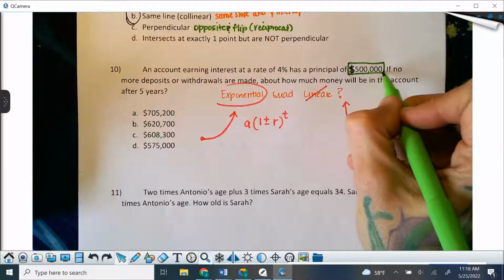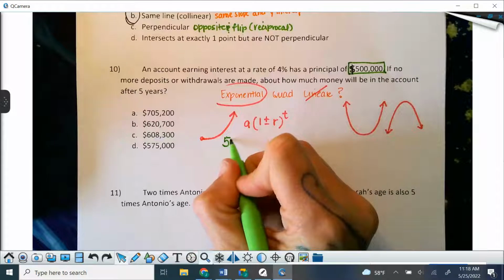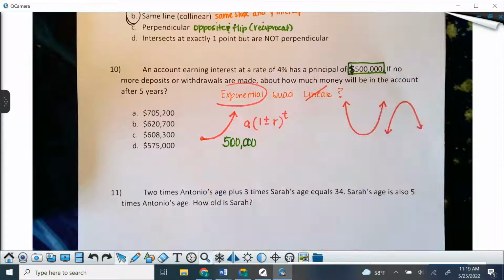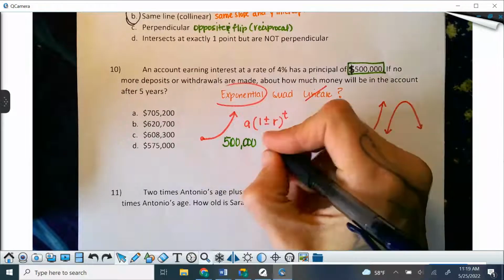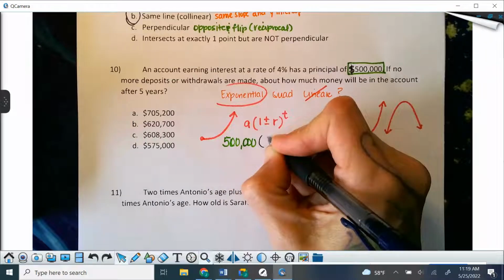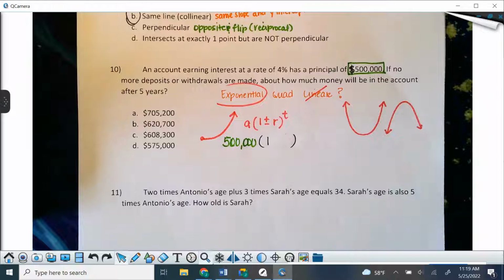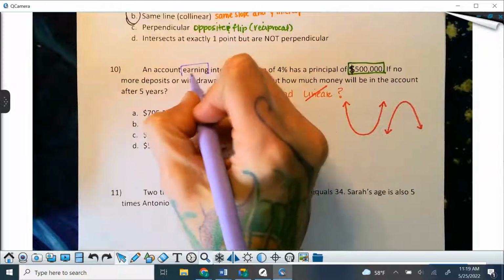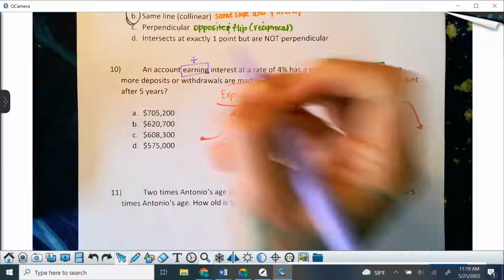So we start and invest $500,000. Now, is it 1 plus or 1 minus?